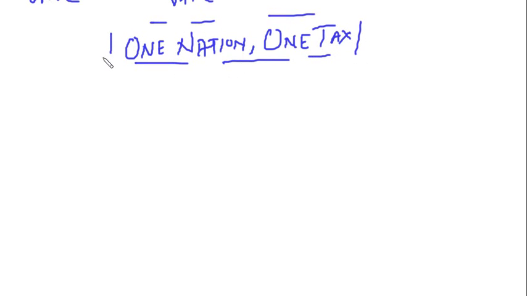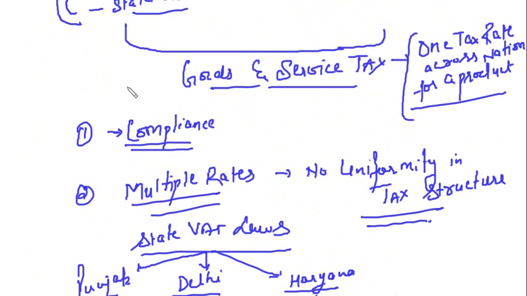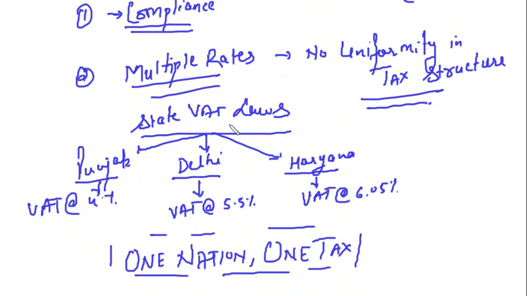So coming back to the era before goods and service tax, the first reason for bringing it was compliances, to reduce the number of compliances, returns, and tax payments. Second was to bring uniformity in the tax structure, because before GST there were multiple rates under the different state VAT laws.